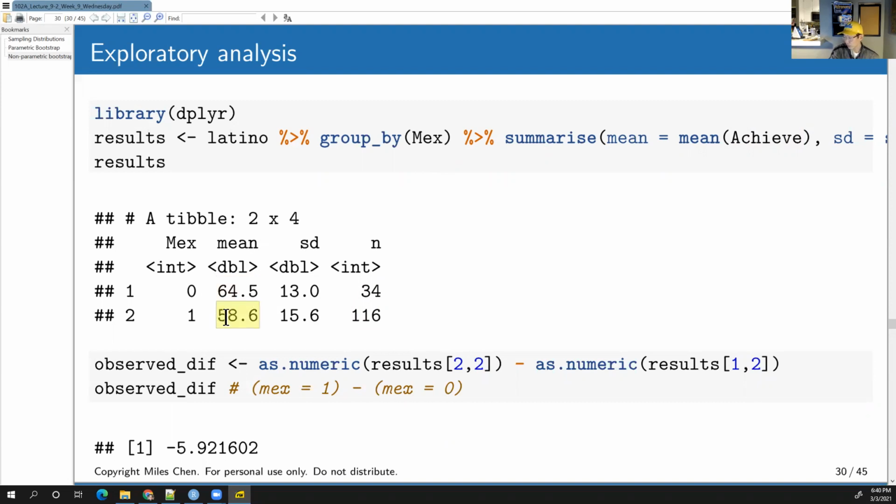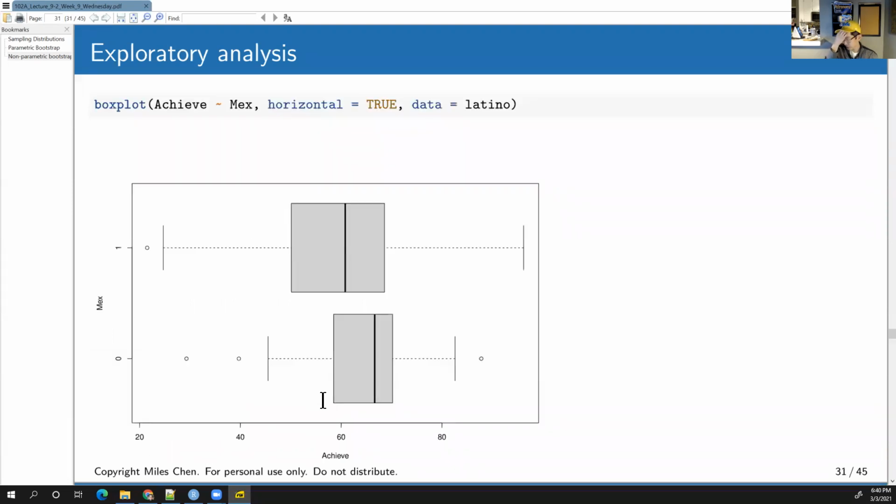For those who did come from Mexico, the mean is 58.6. And if we take the difference between 58.6 and 64.5, which is actually just rounded off, that difference is negative 5.92, for the two groups that we're studying here. All right, and so just a little bit more on exploratory analysis.